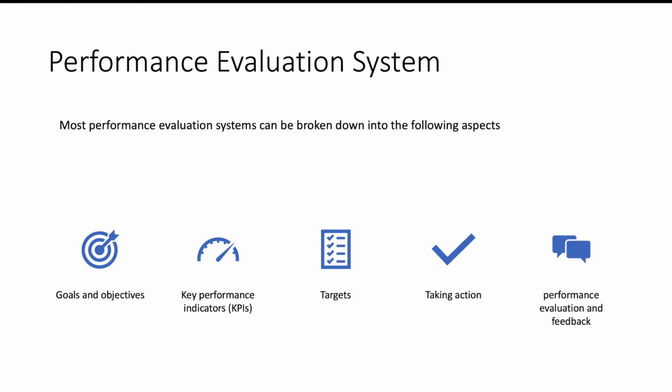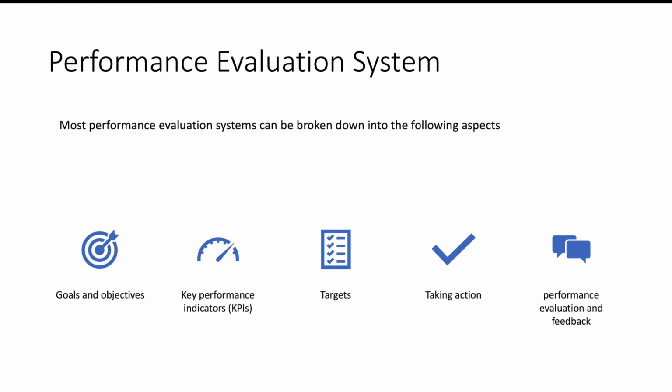This is called taking action. And performance evaluation and feedback: we compare actual performance with the target performance so that we can evaluate whether we are up to the mark or not.